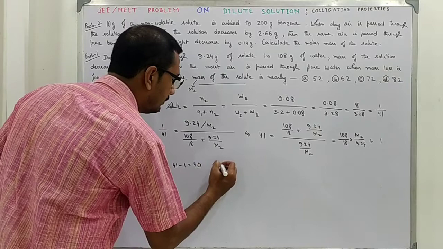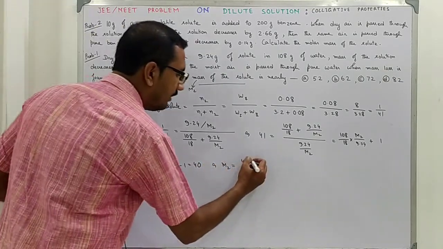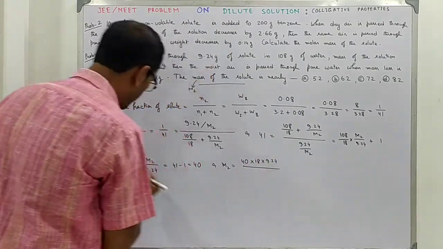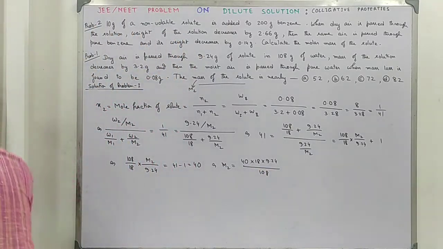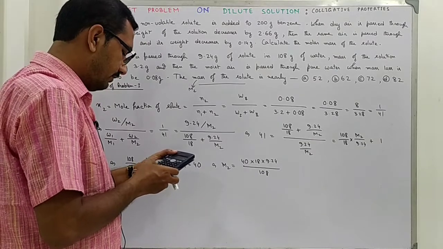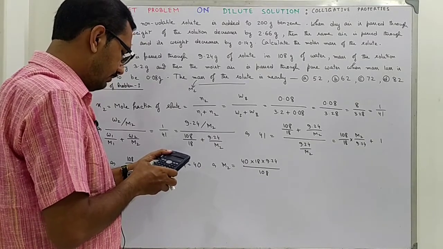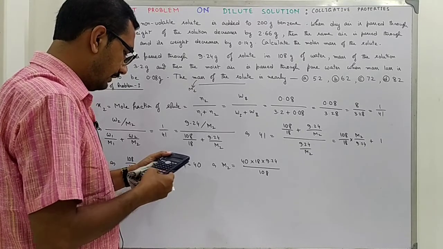Then M2 can be determined, so it will be 40 into 18 into 9.24 upon 108. So this you have to solve. So it is 40 into 18 into 9.24 divided by 108.